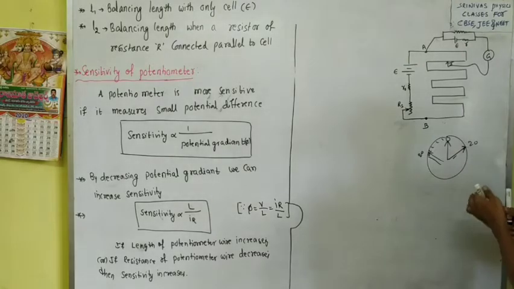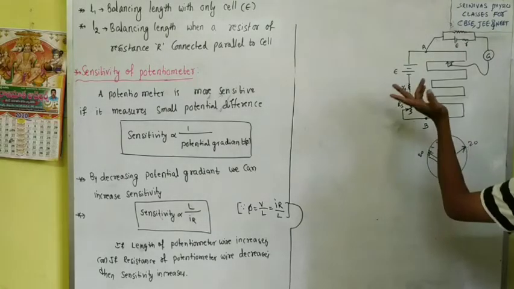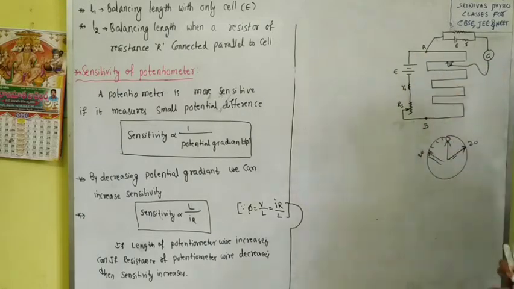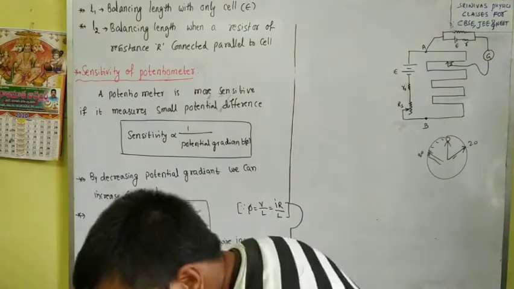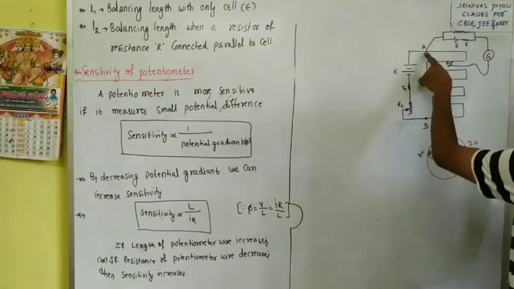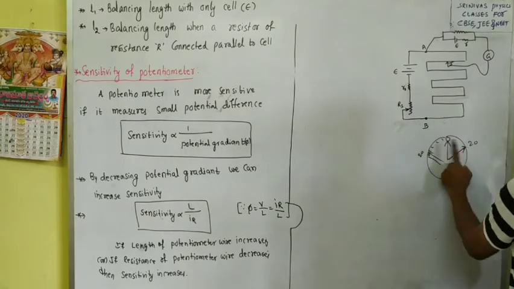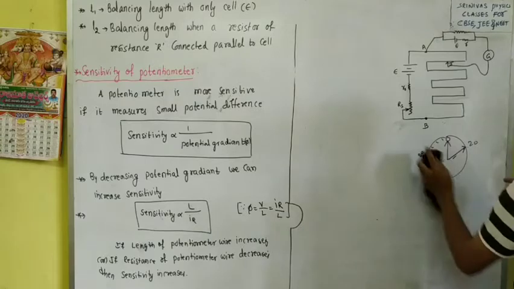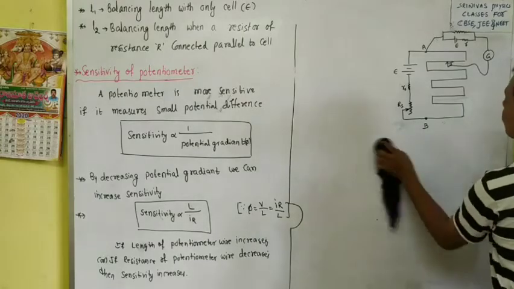But if it does not show the opposite direction and at point B it shows the same direction, it is due to some wrong connections. For example, here it shows the right side, there it shows the left side, and somewhere in the middle it shows zero, meaning the galvanometer shows zero deflection.